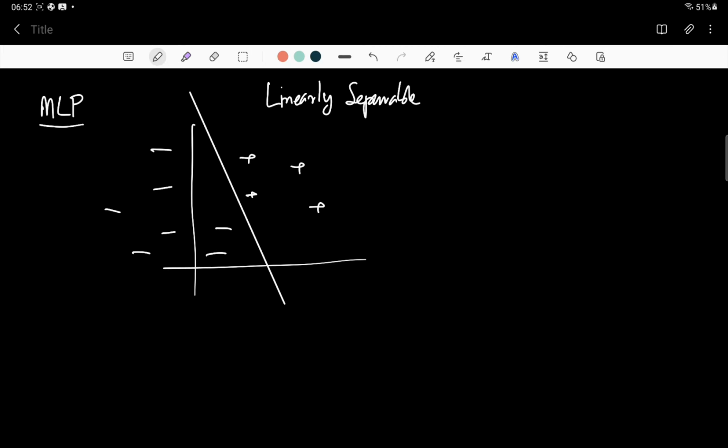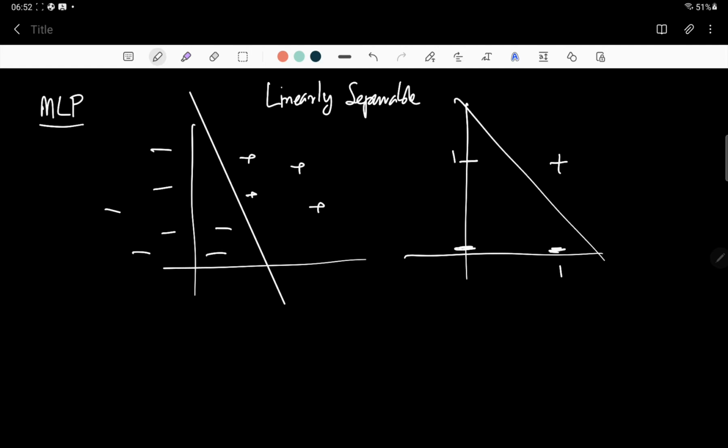And of course, this one here could be the AND, right? It is okay, linearly separable again.